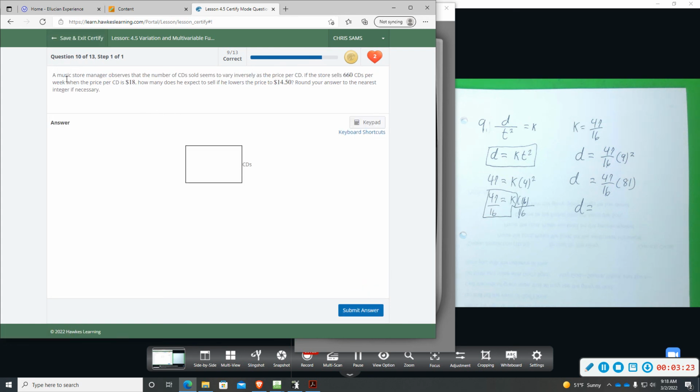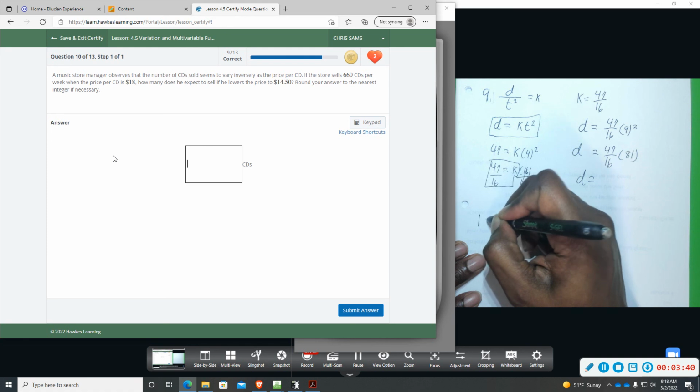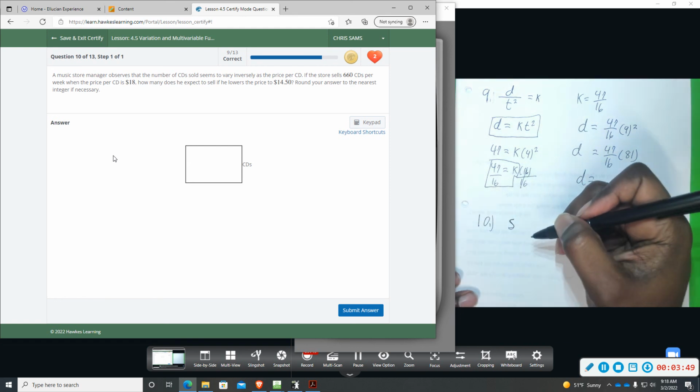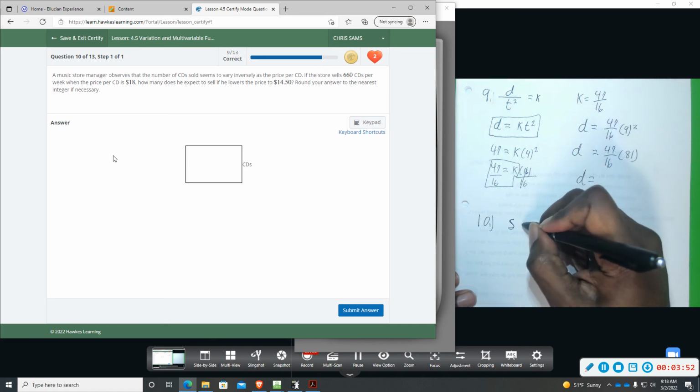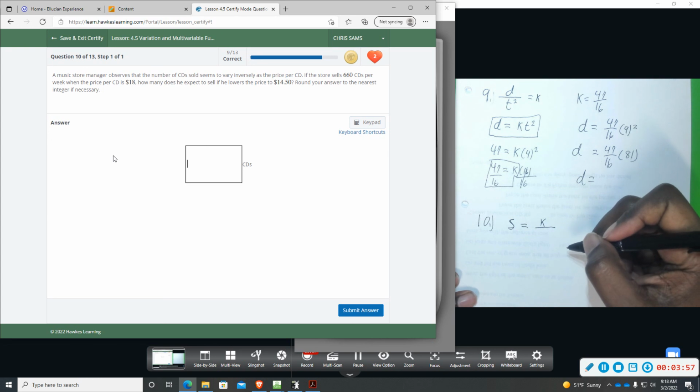All right, number 10. A music store manager observes that the number of CDs sold seems to vary inversely. So for the number of CDs sold, we can use CD, or we can use S for the number sold. I'll use S. The number sold varies inversely, so that is K divided by the price.